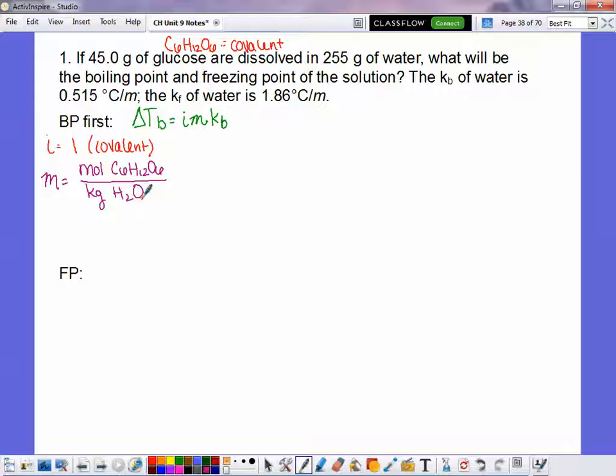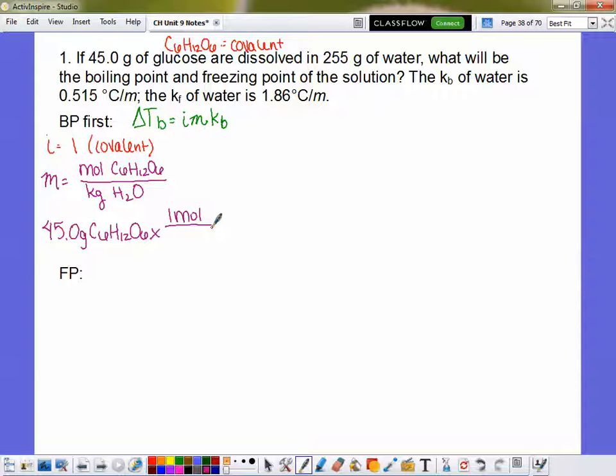So to find the moles of glucose, how do I find that? Mole conversion, because I'm given the grams of glucose, I just need to convert that to moles. So we need the molar mass of glucose. What do you guys get?